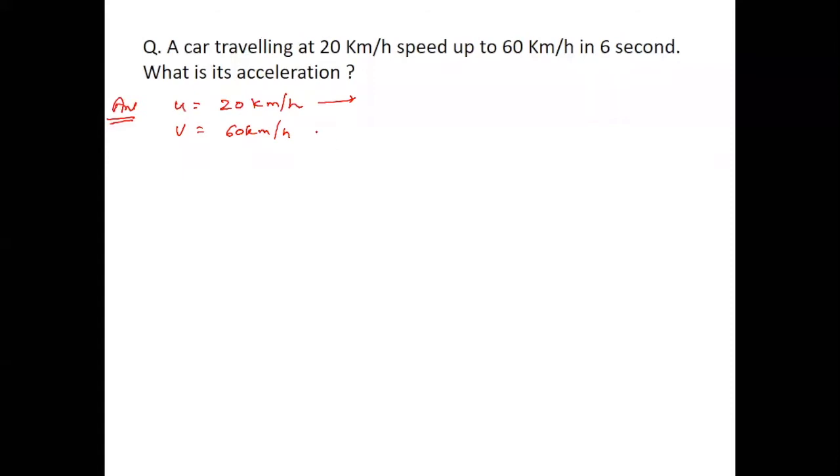Convert into meter per second. 20 into 1000 by 60 into 60. You cancel 10, cancel 10, cancel. Yeah, give me the answer.